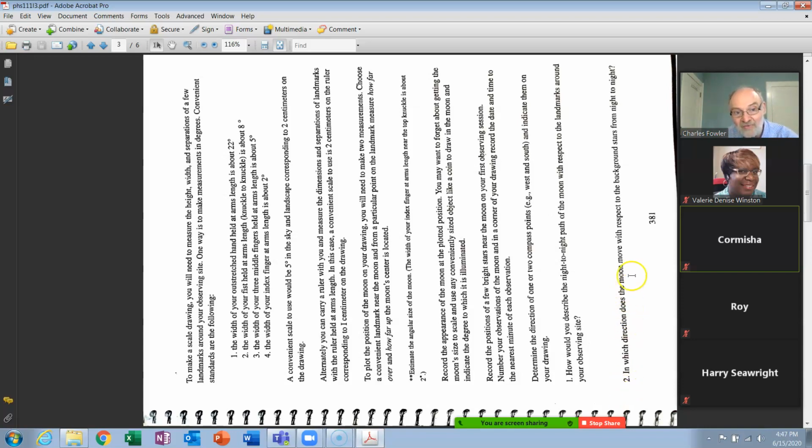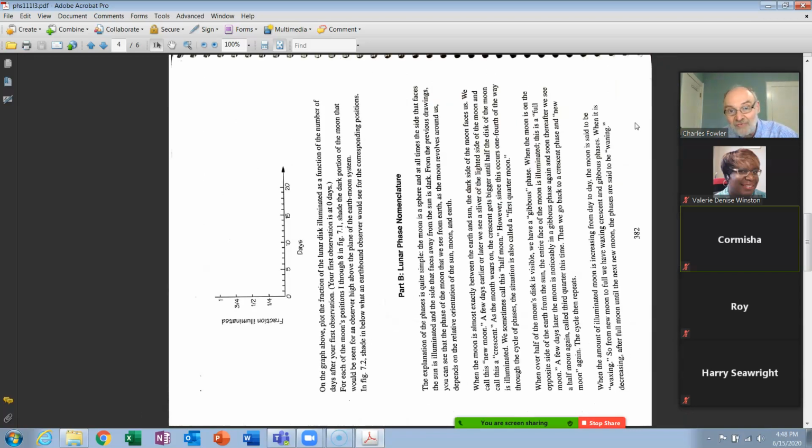How far, in what direction did the moon move with respect to the background stars, night to night? It's not consecutive nights, but if you leave every other day, you'll notice at the same time a definite shift. Okay, so how would you describe the night-to-night path with respect to your landmarks, whatever you choose as your landmarks, and from the surrounding stars, the background stars that you've identified that you know you can pick out night after night?